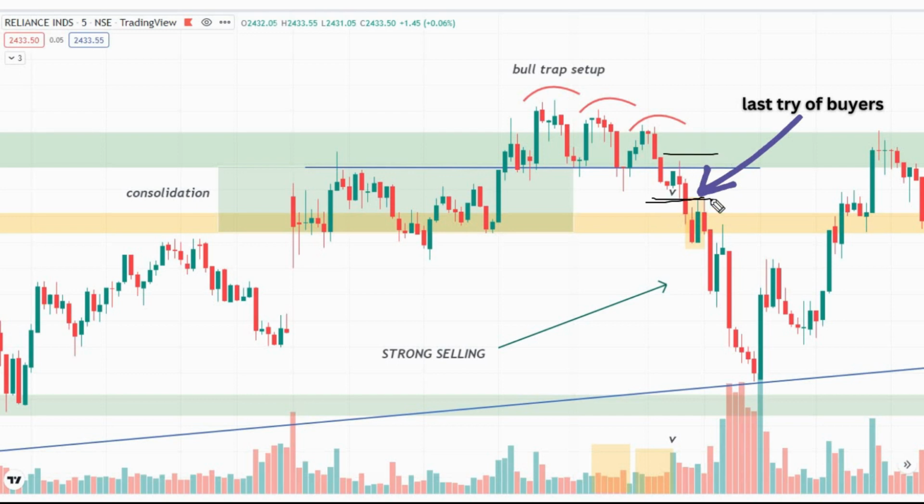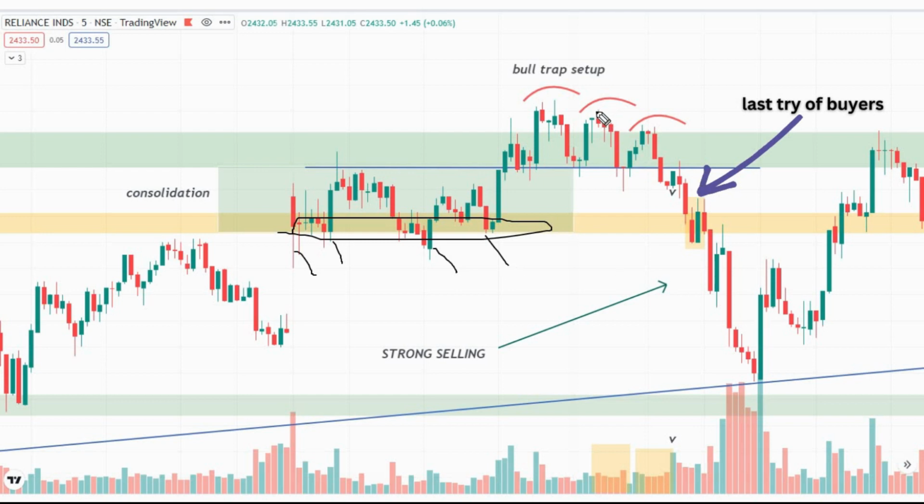Why will we sell here? Because there is a bull trap setup already present, and also the support zone is tested once, twice, three, four times. This support zone is already tested.